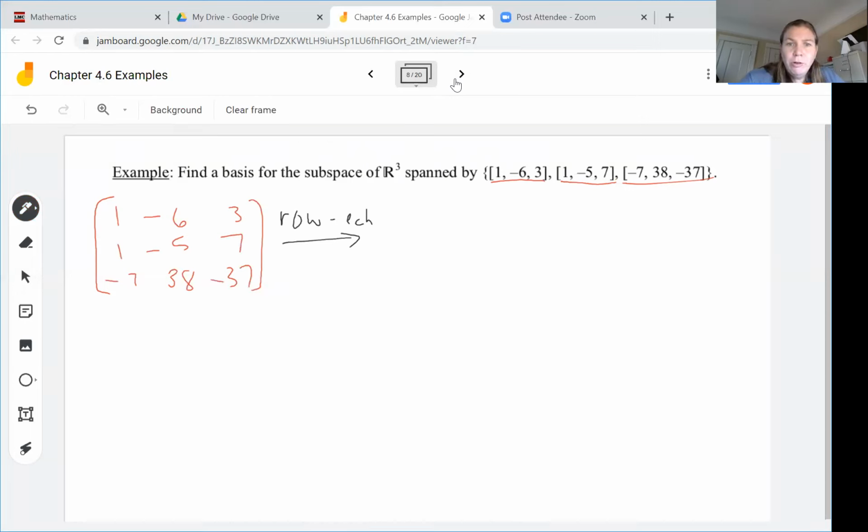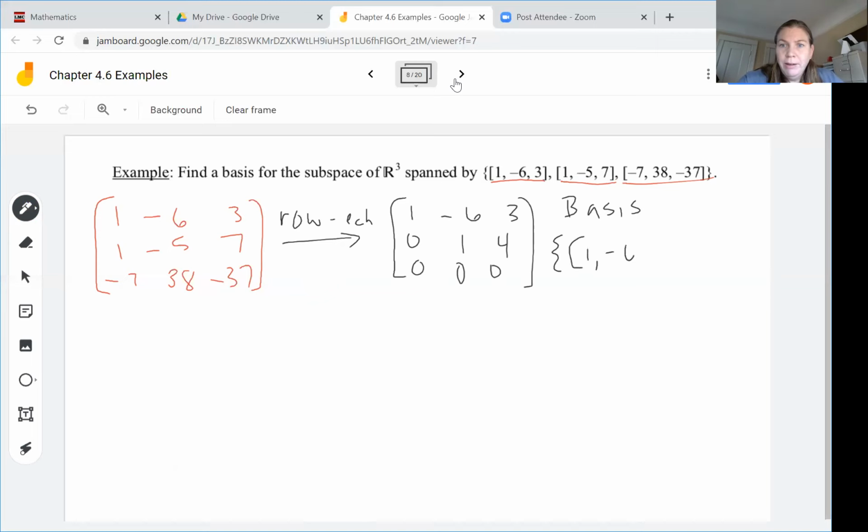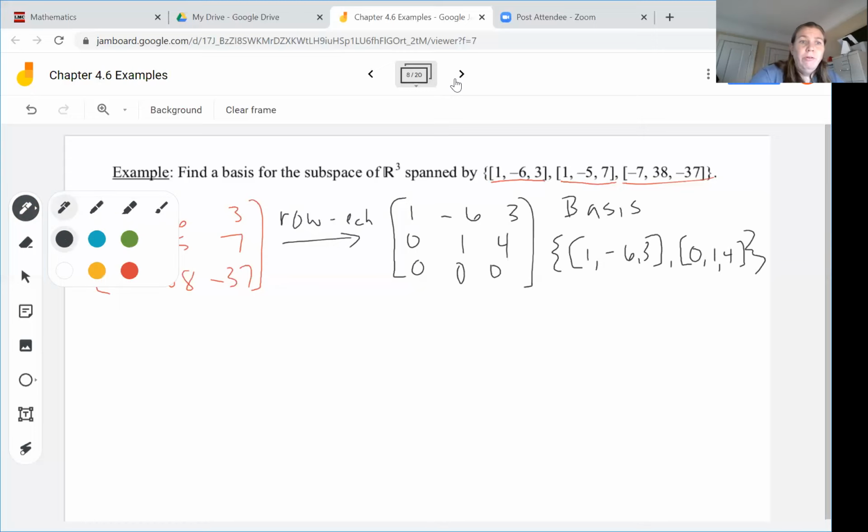In row echelon form, I've got 1, negative 6, and 3, and then 0, 1, 4, and all zeros in the bottom row. So in row echelon form, a basis I could use for the subspace spanned by these three vectors is 1, negative 6, 3, and 0, 1, 4. I could also work in reduced row echelon form.